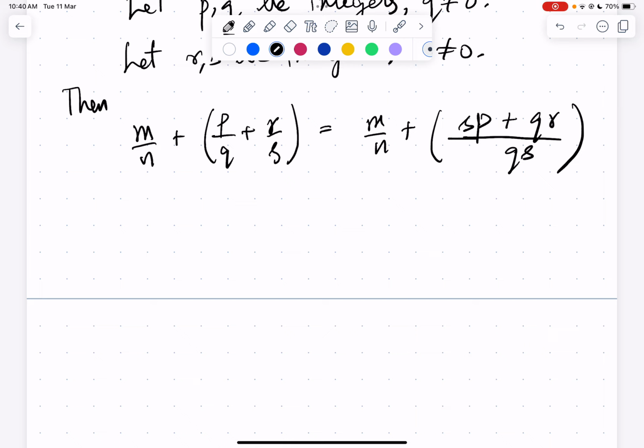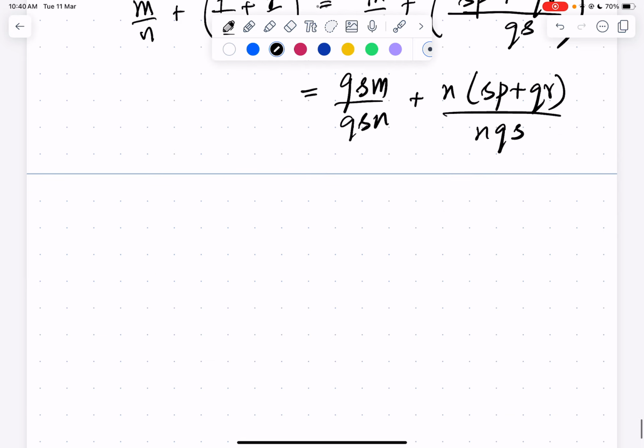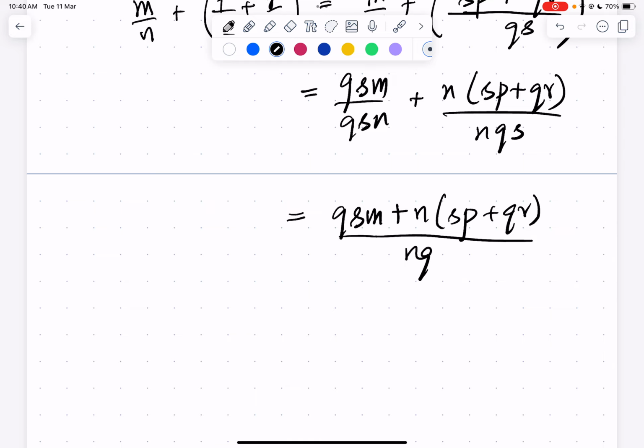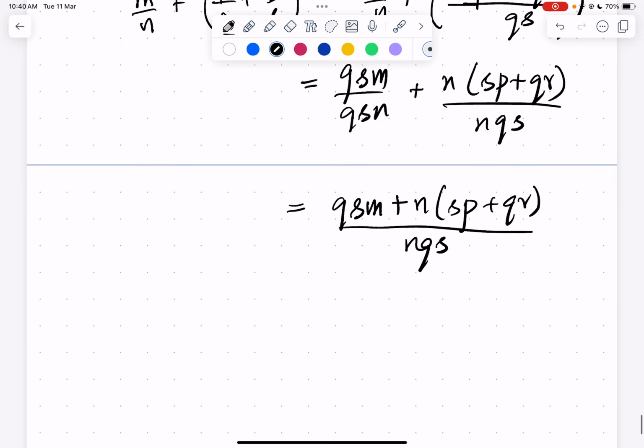And this in turn is qsm by qsn plus n times sp plus qr by n times qs. So this is qsm plus n times sp plus qr by nqs. This is the first sum, m by n plus, p by q plus r by s.